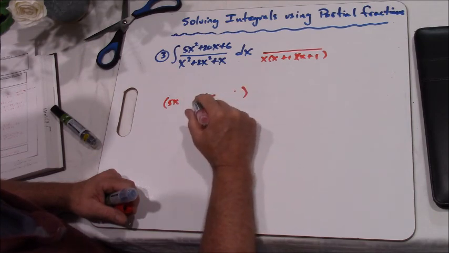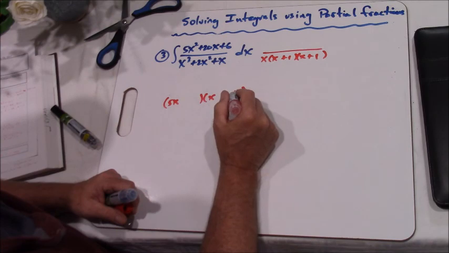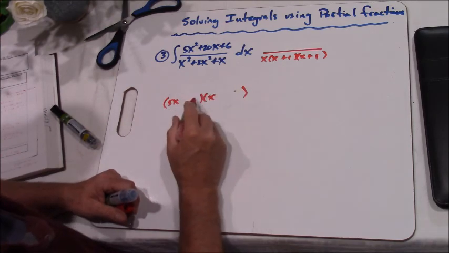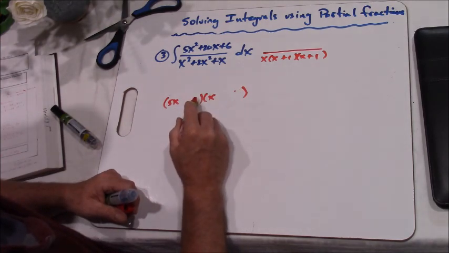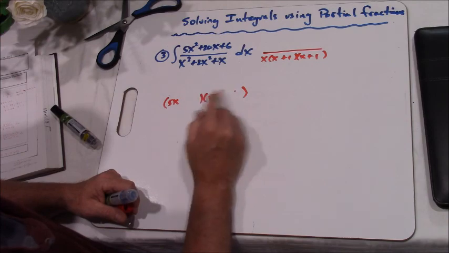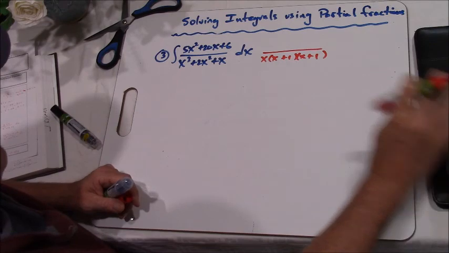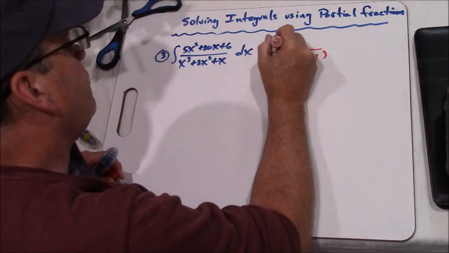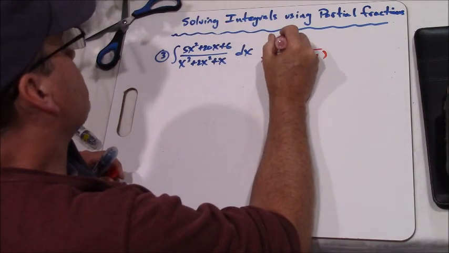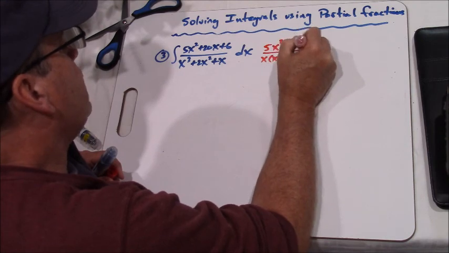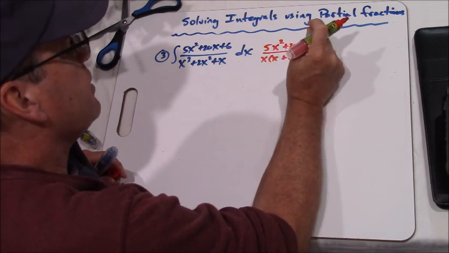Nope. Put 6 here, you got 6 and 5, that's 11. What if I took that 3 and 2 and I went 3 here, 2 there, that'd be 10. Nope, that does not factor. Okay, so we're not worried about the numerator. 5x squared plus 20x plus 6.